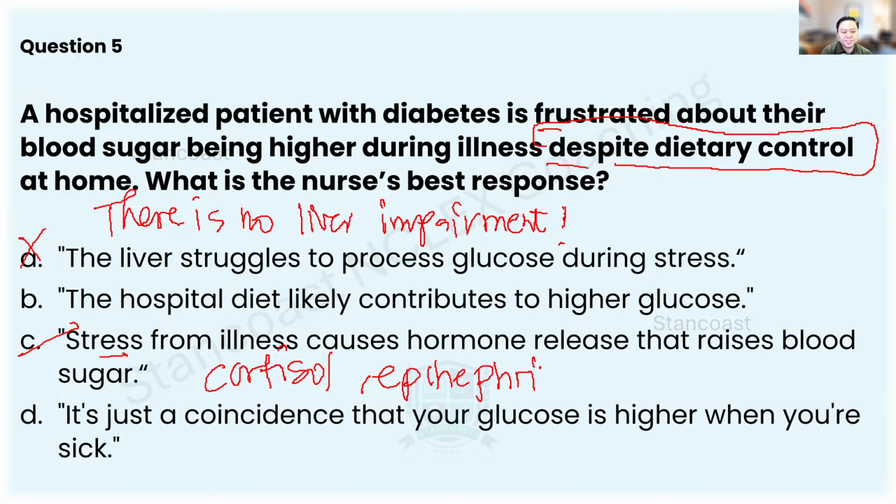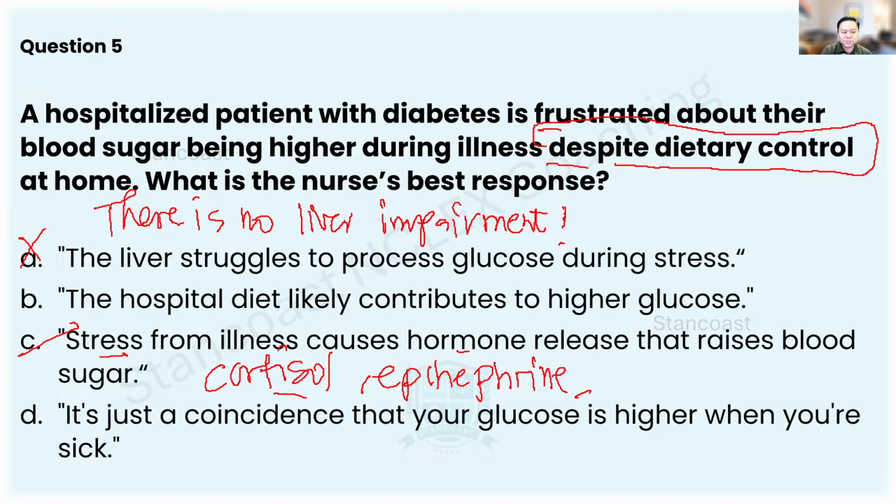These are the known hormones that will stimulate the liver to produce more glucose. Okay? Steroids are released during stress. The cortisol alone can lead to hyperglycemia, plus the epinephrine. Again, this will lead to increased production of glucose by the liver.